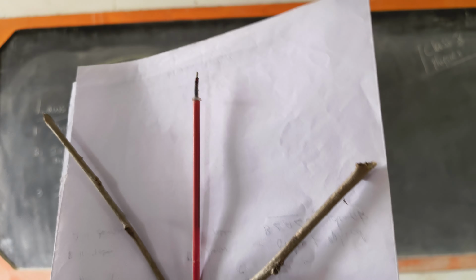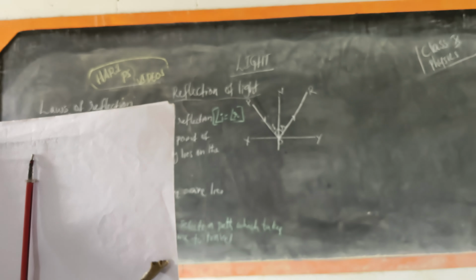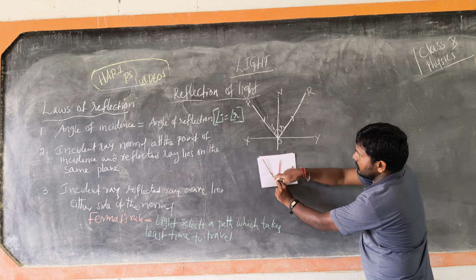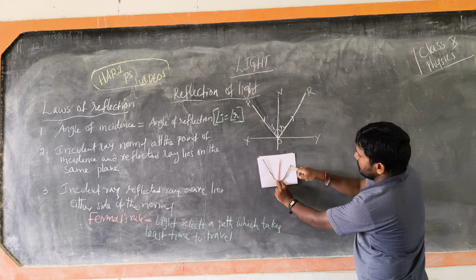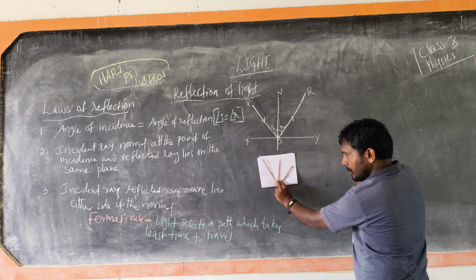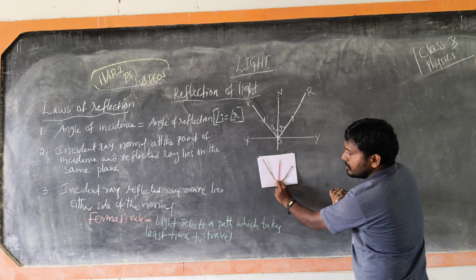Right, for your understanding, I will show you like this. The diagram is not clearly visible. Okay, then let's see. Here, this is the incident ray, this is the reflected ray, and this is the normal. Here it is the plane surface.